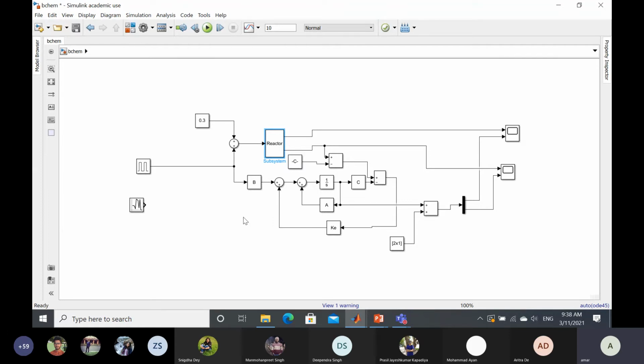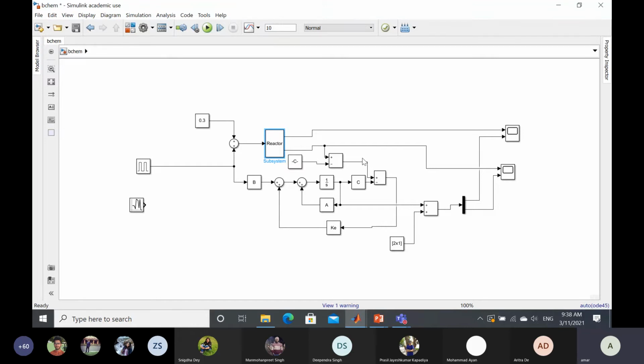Whereas this observer is designed based on the deviation variables. So when I'm getting this Y, this CB, it has to be converted to a deviation variable: the original CB minus the steady state value of the CB gives the deviation variable.